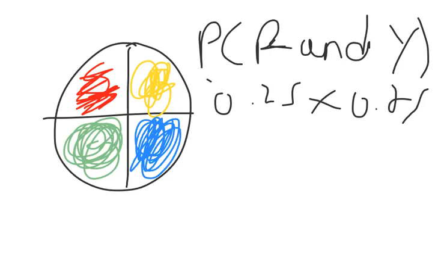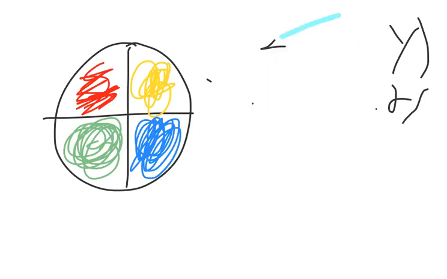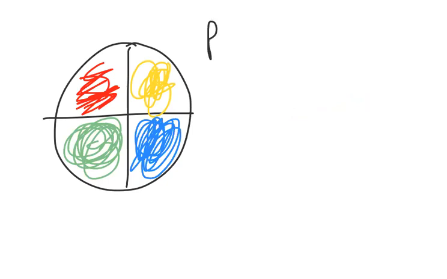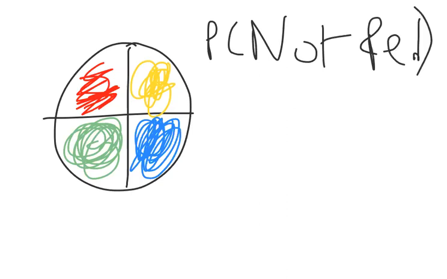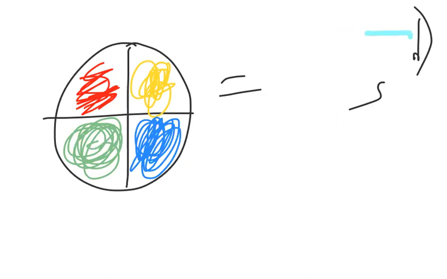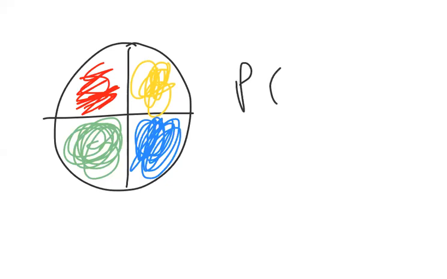All right, let's do a bit more. Probability of not red. Well, that's everything else, all these three, which is 75%. And probability of pink. Well, that's 0.